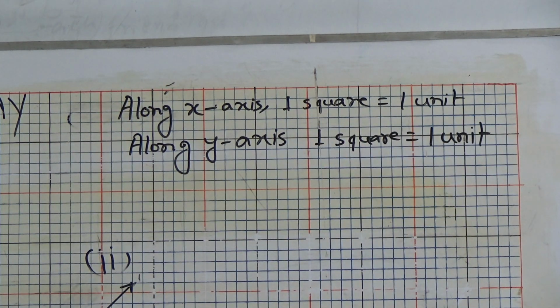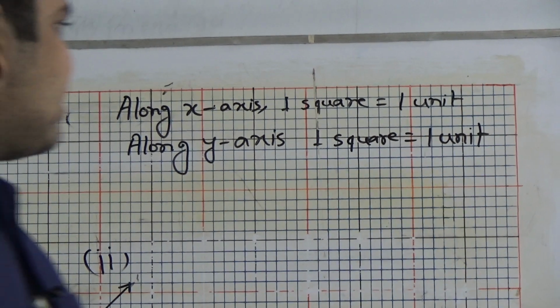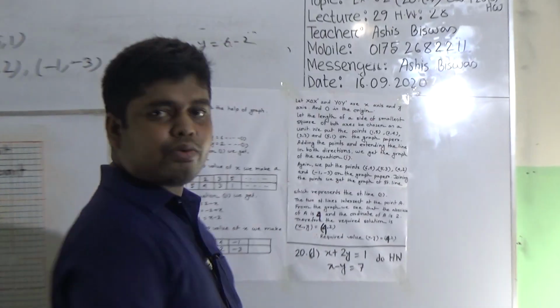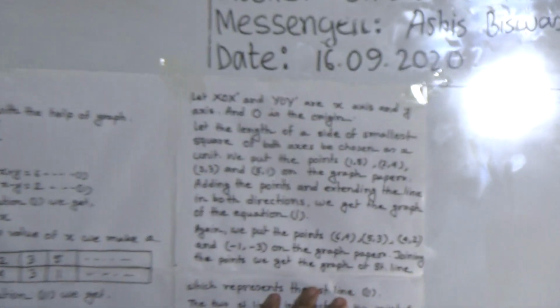Okay, I hope you have understood. And what is the name of this equation? The name of the graph is this one. Okay, my dear students, after you do the graph, then you write this part.